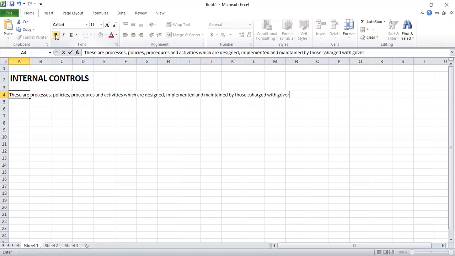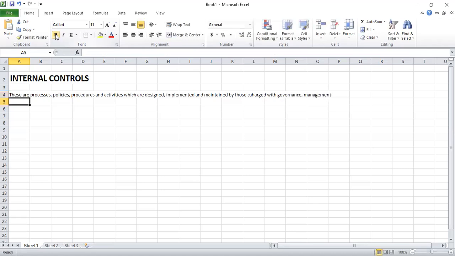You'd find that the board of directors is responsible for making sure that everything is in place. But of course, they work with what? With management and other employees.